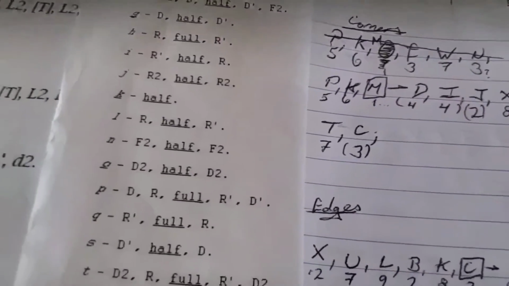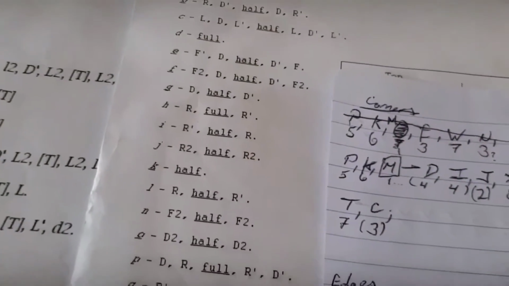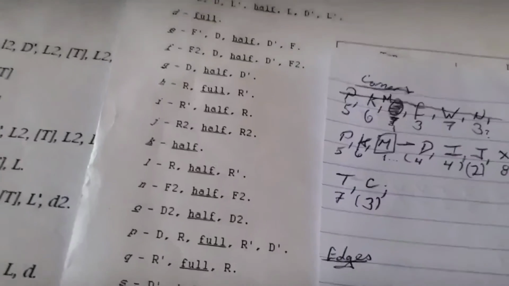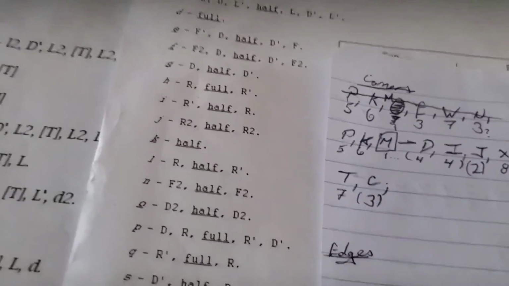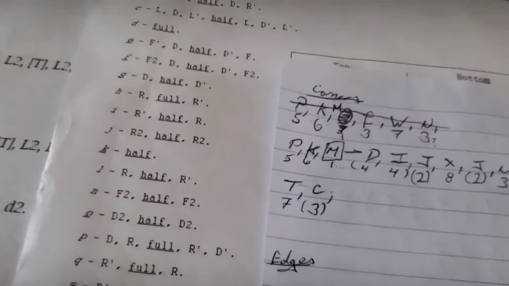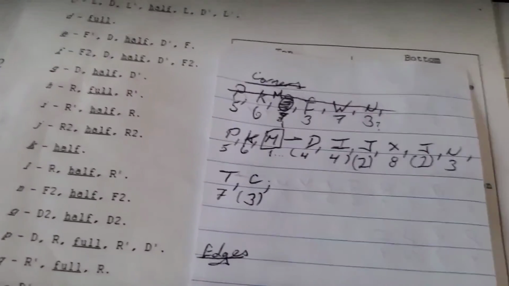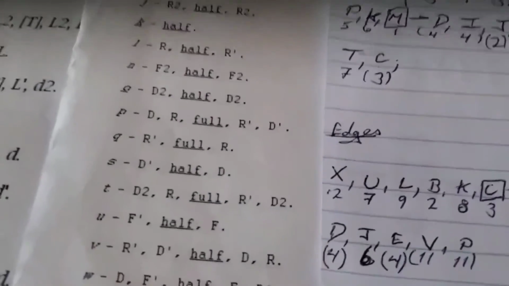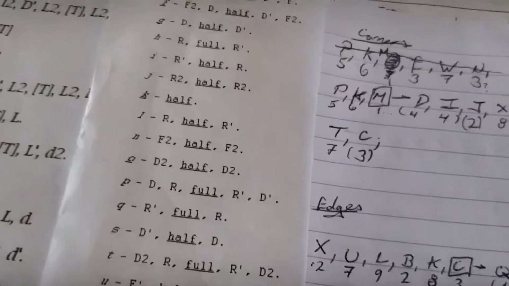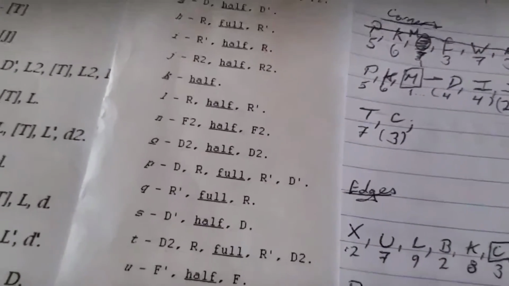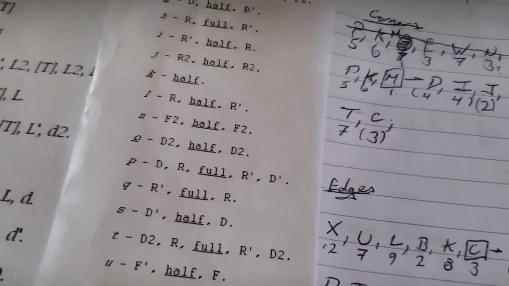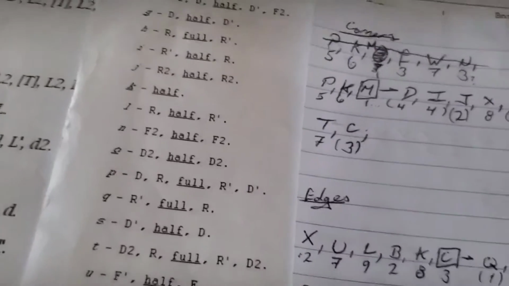Then we're going straight to D, which is a full. Interesting. Okay. I, R prime, followed by a half, R.